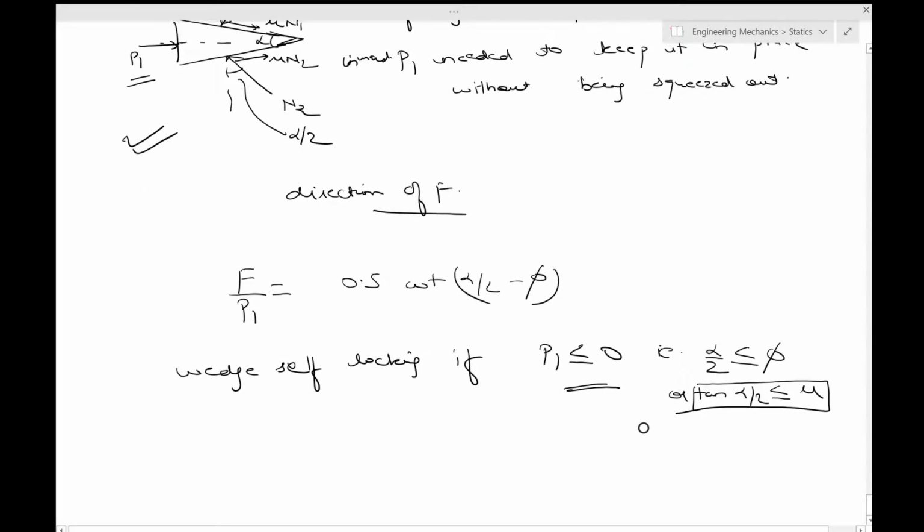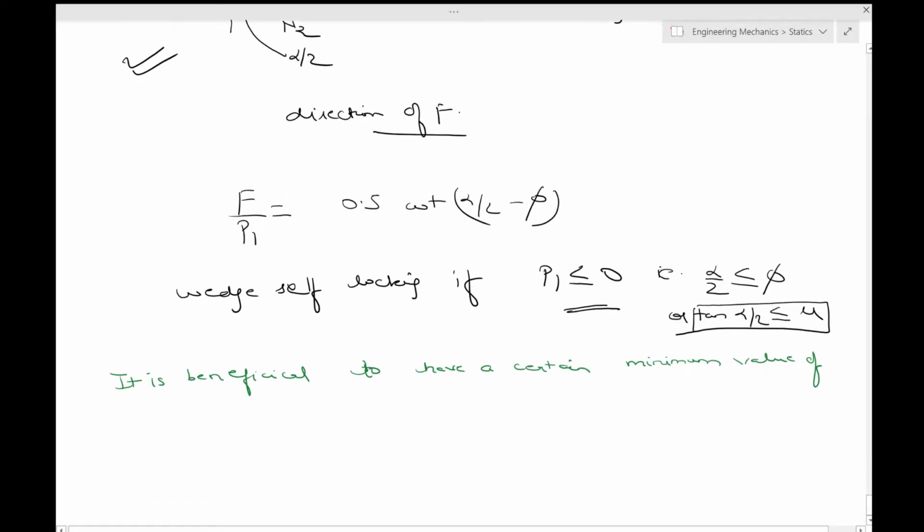Now the last claim which we are making over here is that it is beneficial to have a certain minimum value of mu so that the wedge is self-locking.